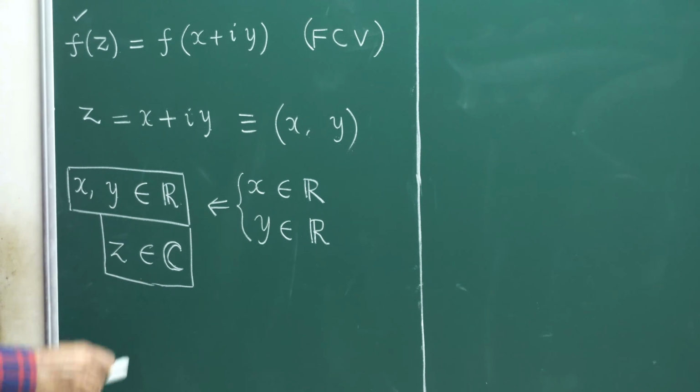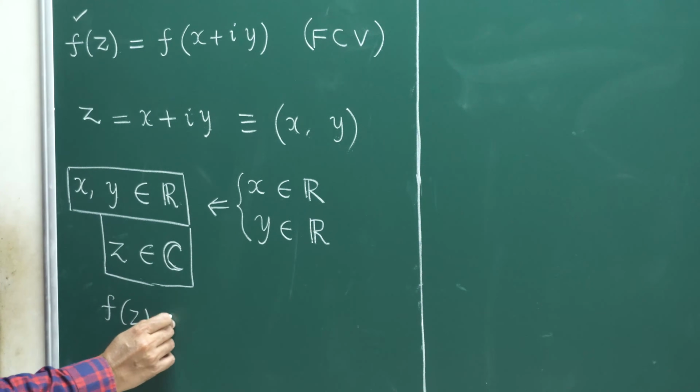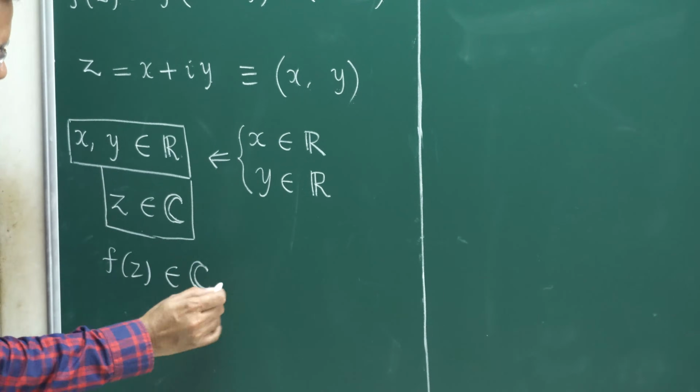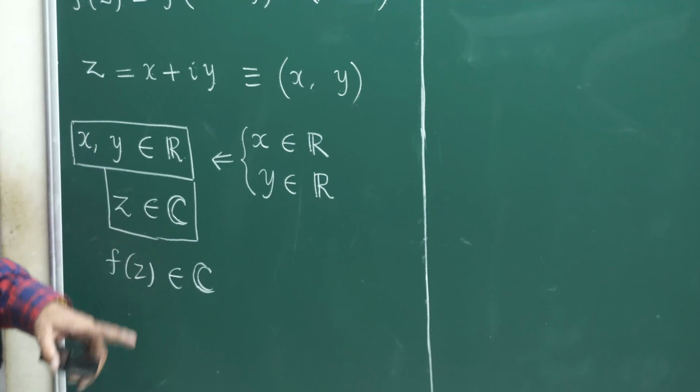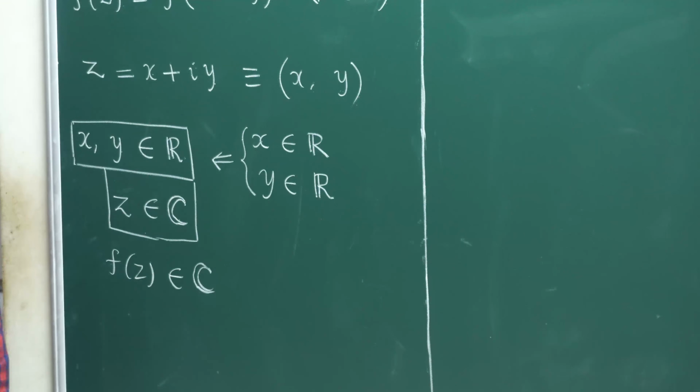This is the notation, and once you have this standard notation, it is also clear that the function of the complex variable in general belongs to the complex set C. So if Z belongs to the complex numbers, the function of the complex variable is also complex in general.